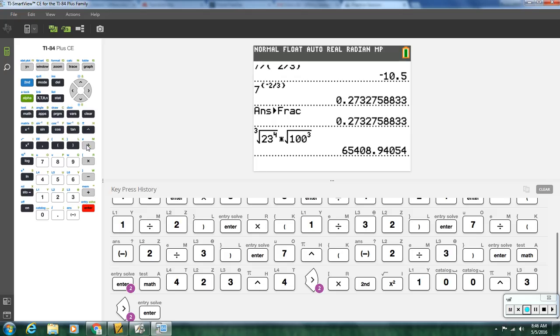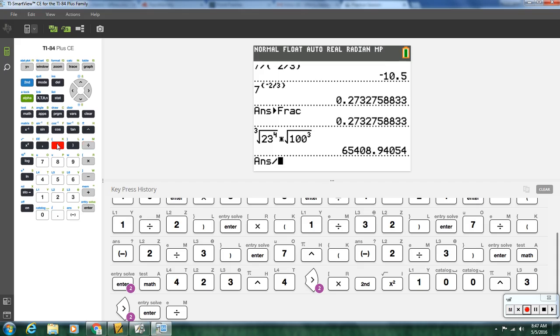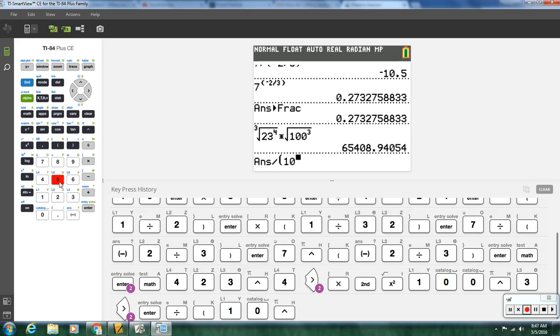So now I'm going to put divided by, and because there's two things in that denominator, I've got to put it in parentheses. So I have to tell the calculator, hey, this whole thing is in the denominator. So when you say divided by, put parentheses, and then it's 10 to the 5th power. Use your right arrow to get out of that. So you go down here.